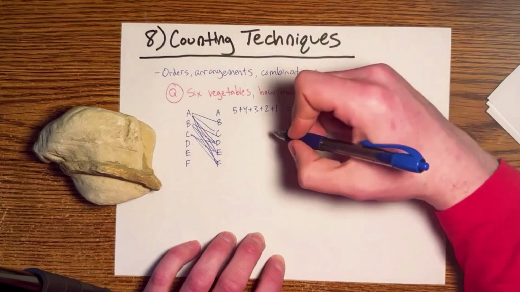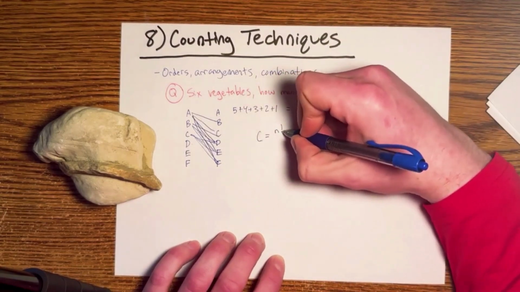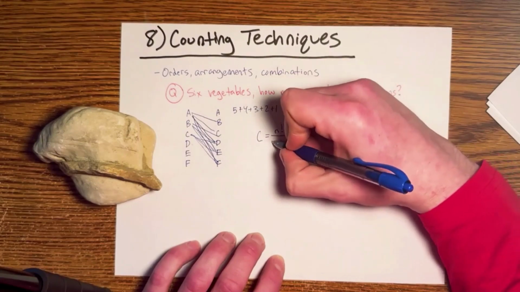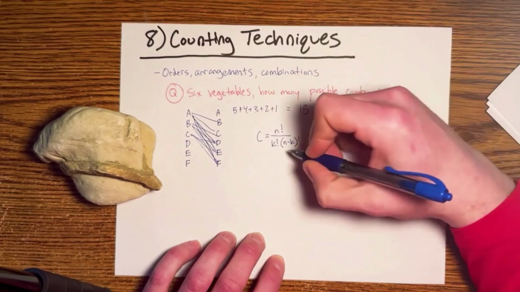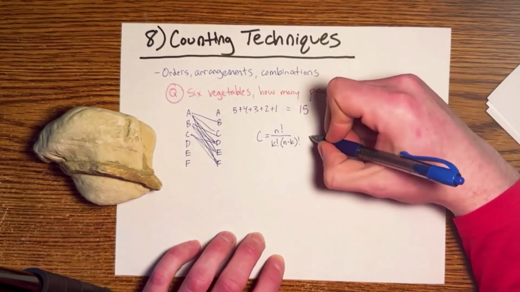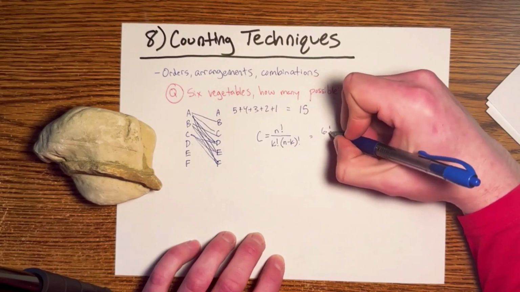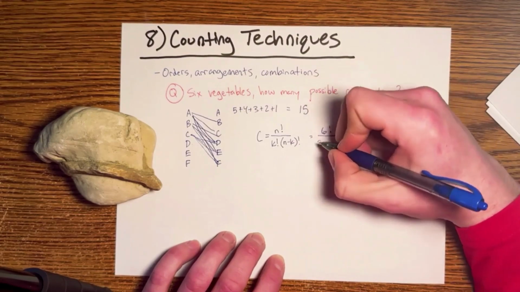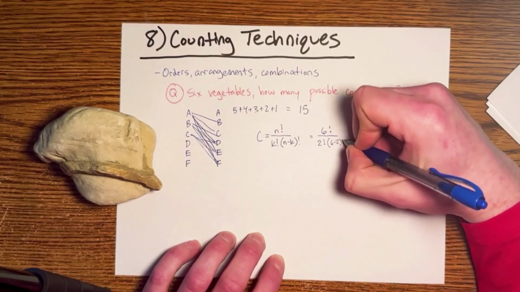combinations. The actual formula that you could use on this is that the combinations is n factorial, k factorial, and then n minus k factorial. Factorial refers, well, you'll see. So the n is the total number of options. So we'd have 6 options. And then the number of selections, that's what k is referring to, 6 minus 2 factorial.